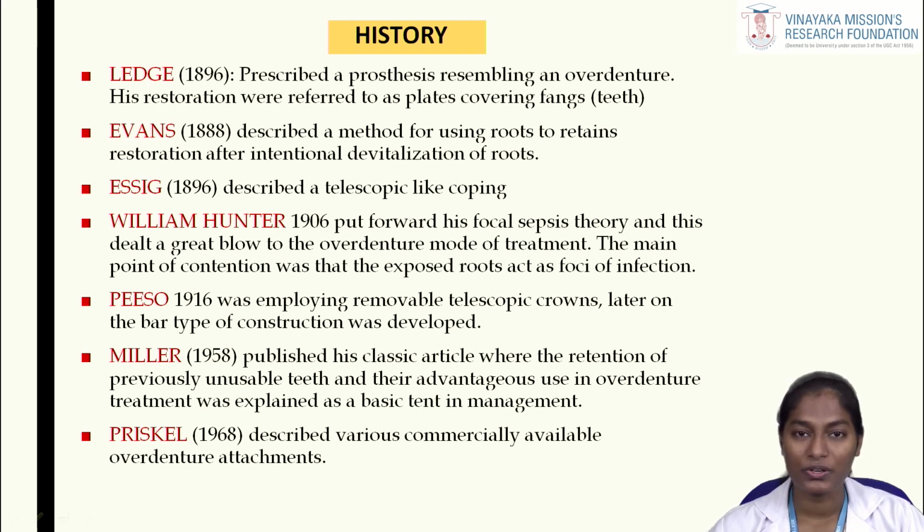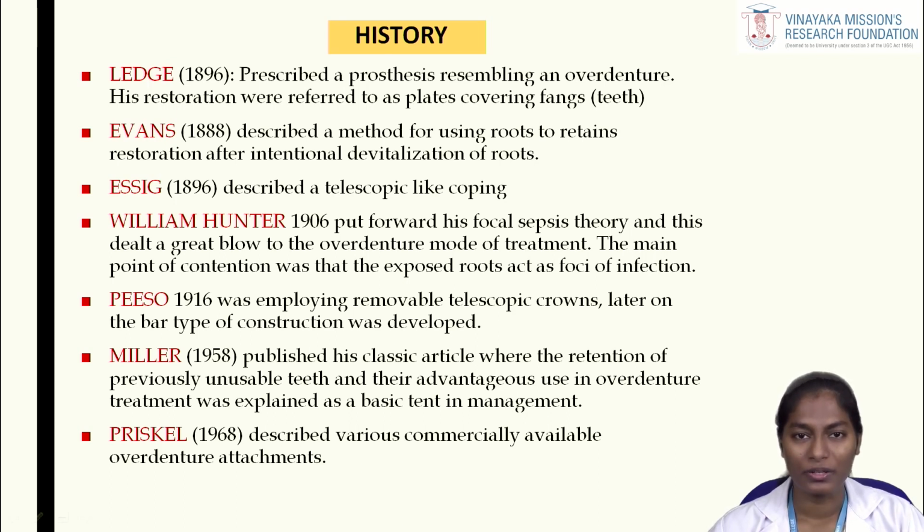For his restoration, they termed the plates covering the flanks, that is the teeth. And then Isaac came with an idea: why only natural teeth? We can also retain the roots, in order to preserve the roots, over which the overdenture can be fabricated.